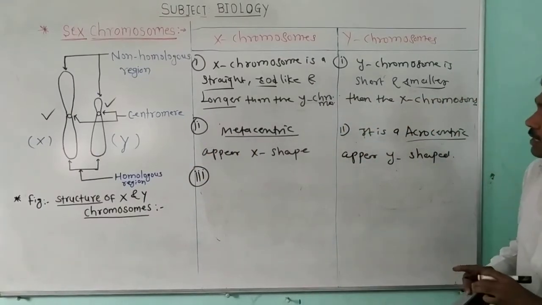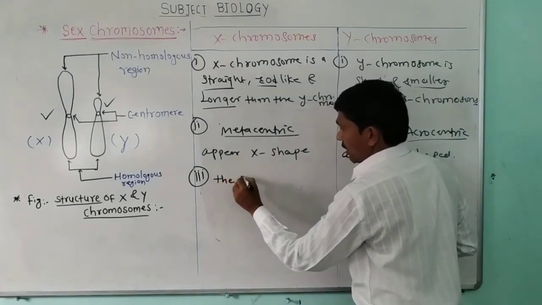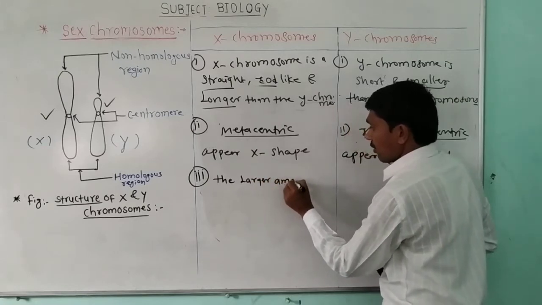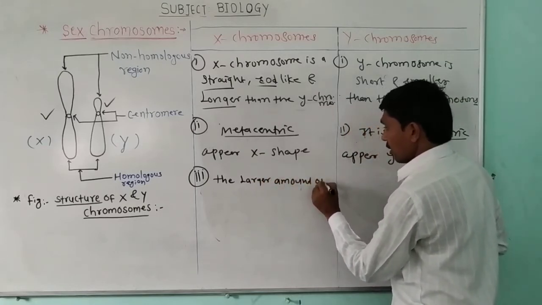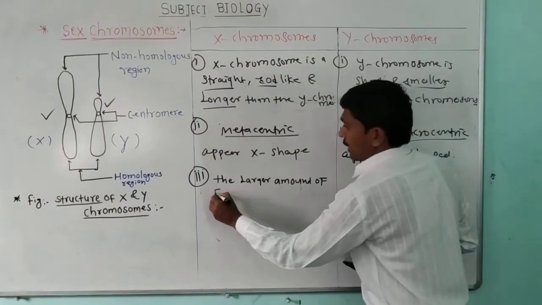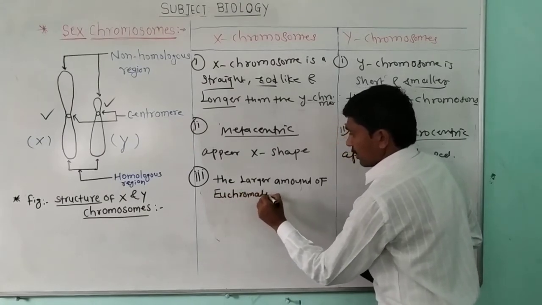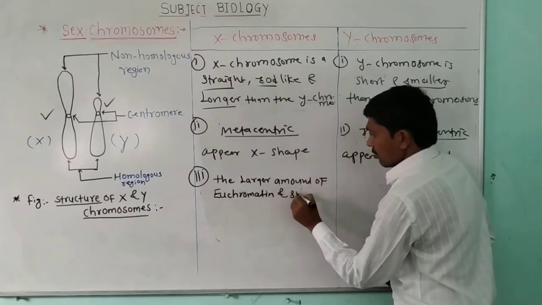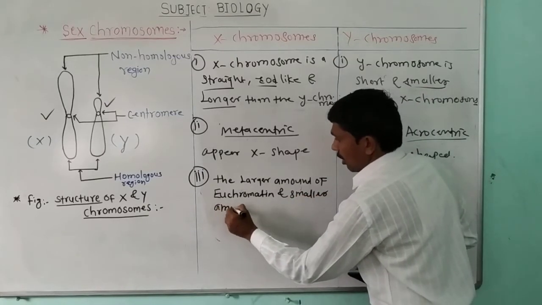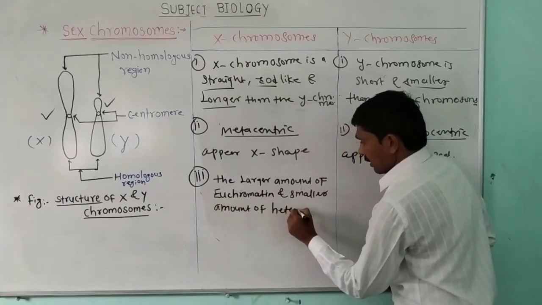Then the third point. In the X chromosome, there is a larger amount of euchromatin and a smaller amount of heterochromatin.